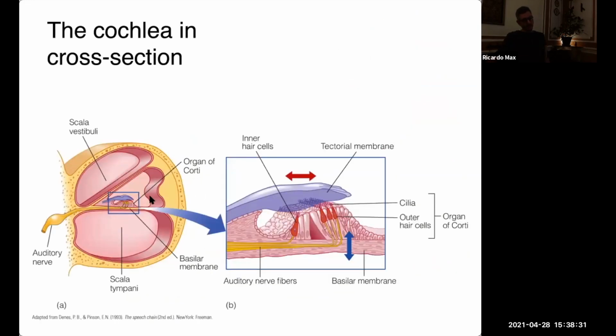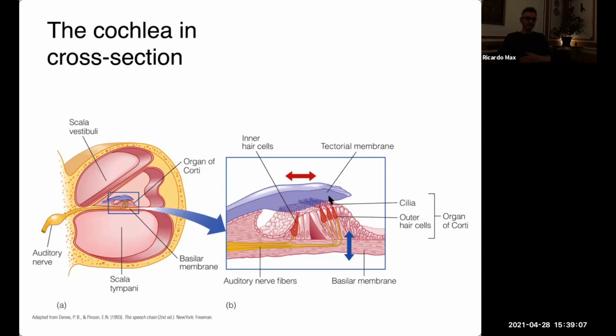And this is a cross section, so this is the basilar membrane, and it goes longitudinally along the cochlea, right? And this is the tectorial membrane that, according to the vibrations of the liquid inside the cochlea, moves from left to right, and the basilar membrane moves up and down.